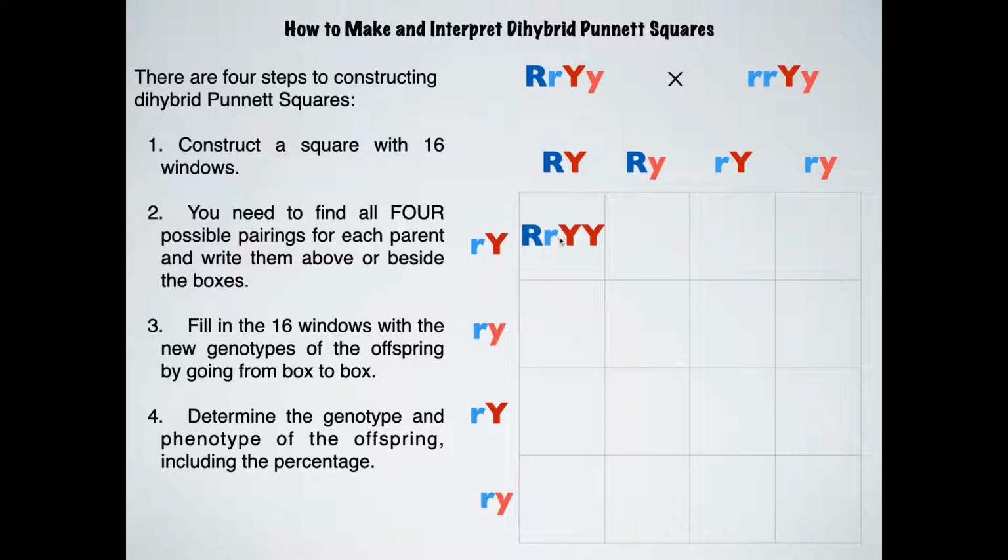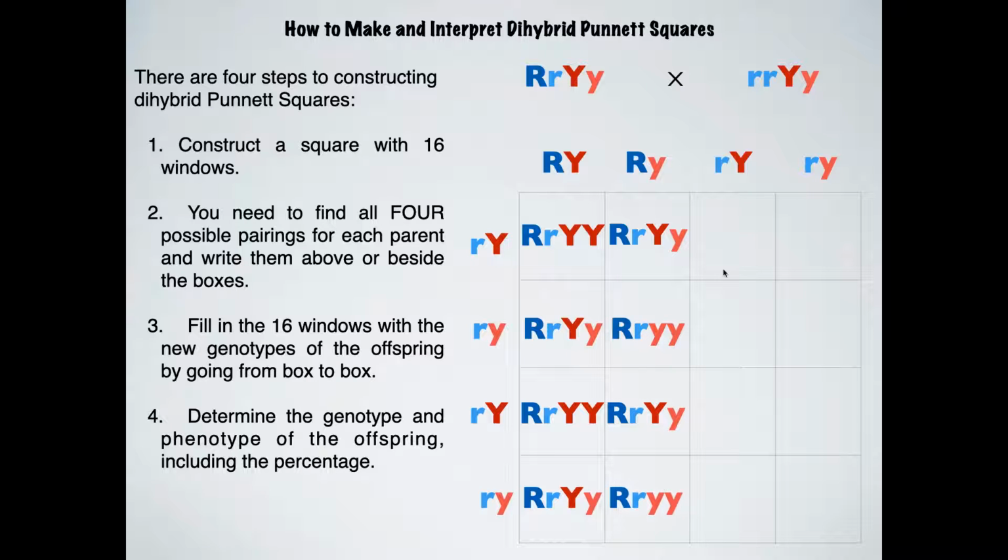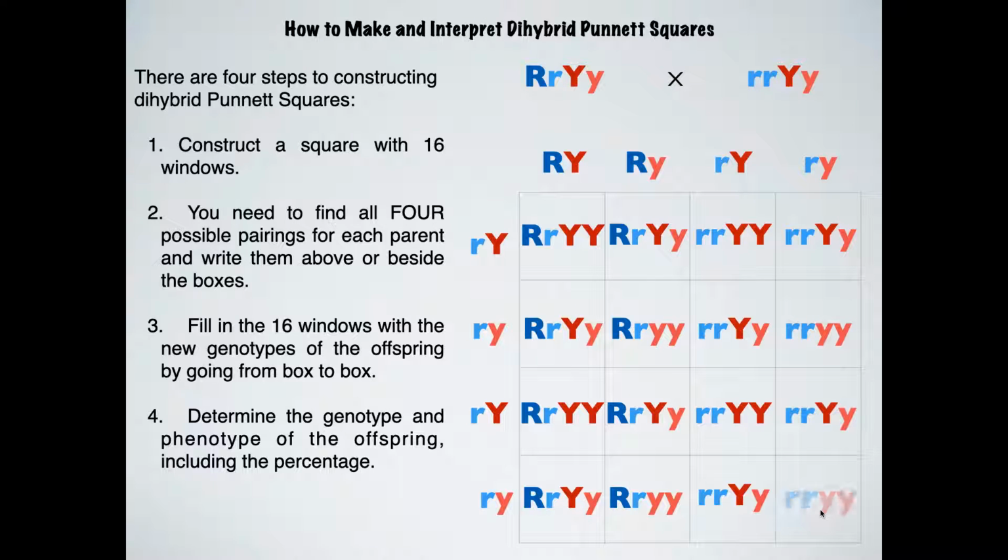So this first one, I would pair up the R's together and then pair up the Y's. And then I could do that for the next one, and the next one, and keep filling them in as I go, like this. Again, try doing this on your own before you take a look at all of the ones that have been done out in all 16 of these window panes.